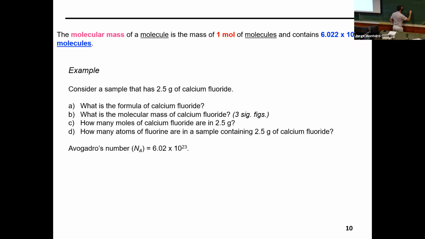If I take 1 mole of calcium fluoride, we will have 2 moles of fluorine. Each mole of calcium fluoride has 2 moles of fluorine, and this number came from the formula.